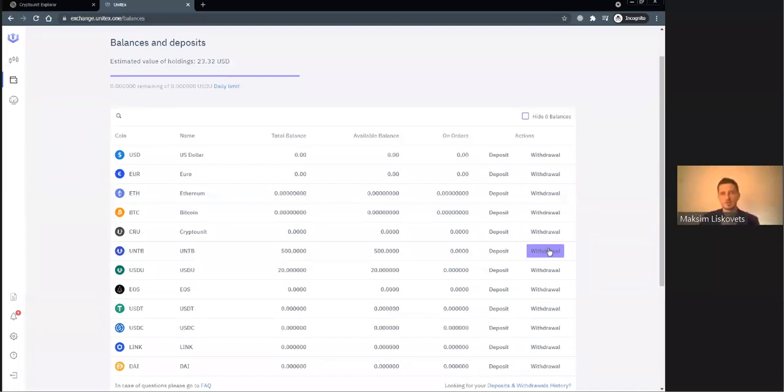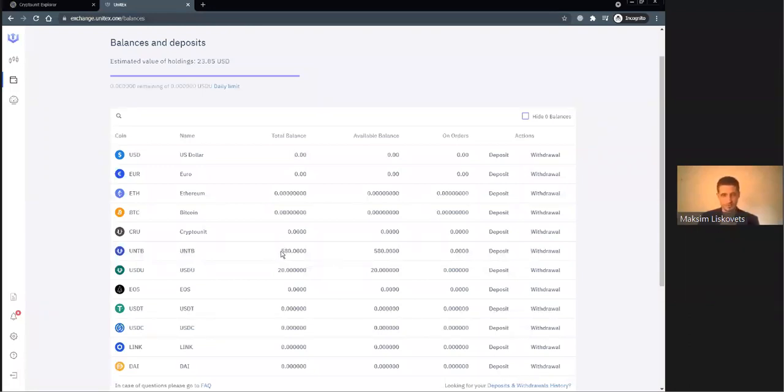First of all, to be able to withdraw tokens or any funds from your UnitEx exchange, you need to get verified first. This is very important. Without getting verified, you won't be able to withdraw anything. And this is something you need to think about beforehand.